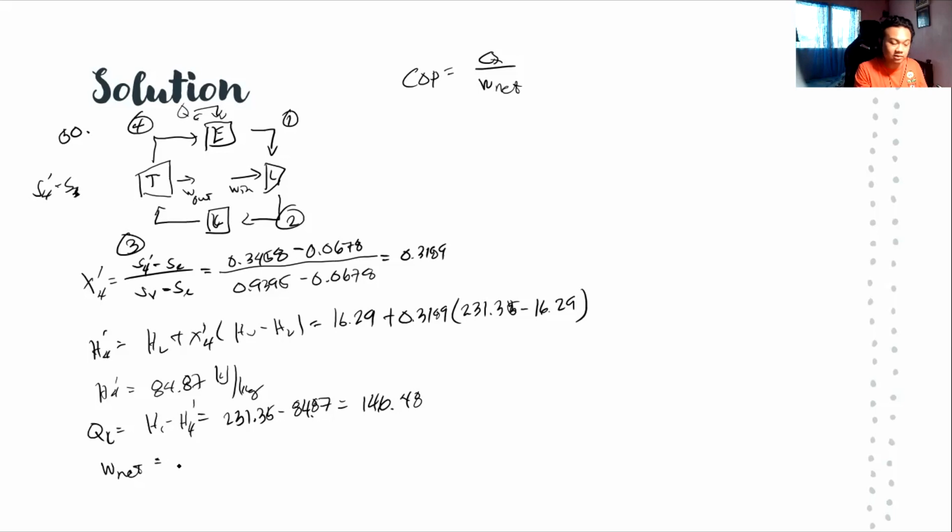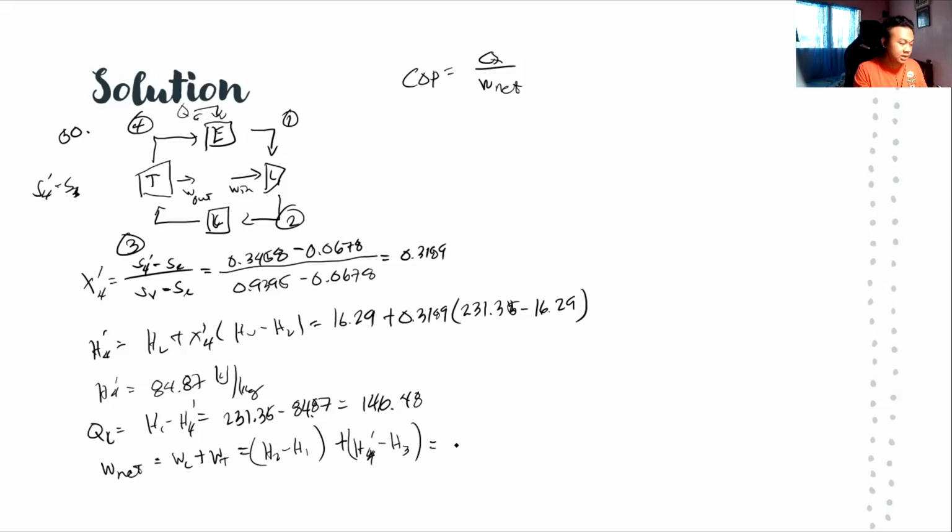And then we have our net, di ba? W net is equal to the work of the compressor plus the work of the turbine. So here we have H2 minus H1 plus H4 minus H3.